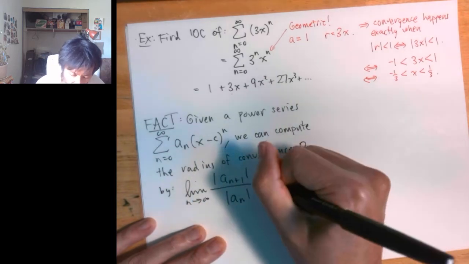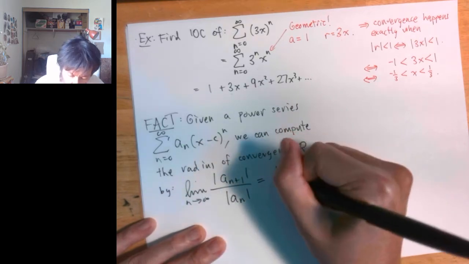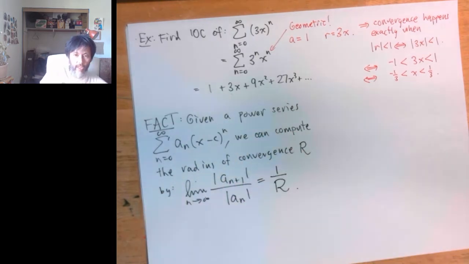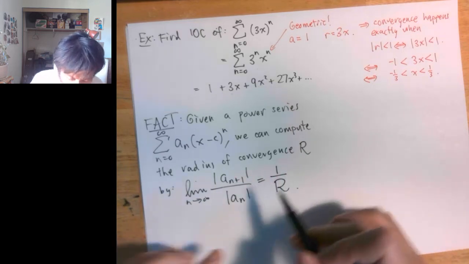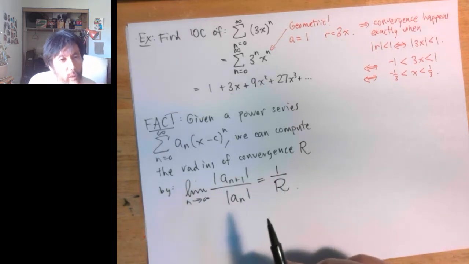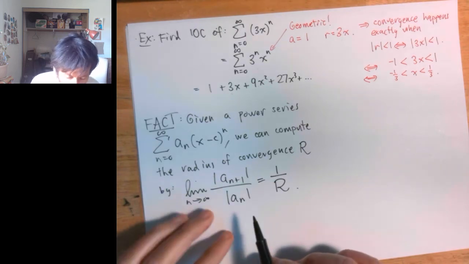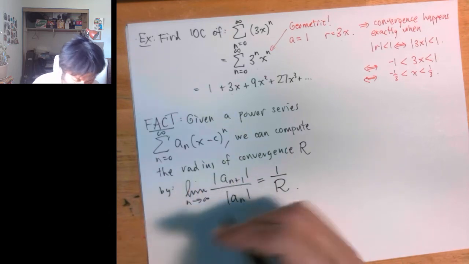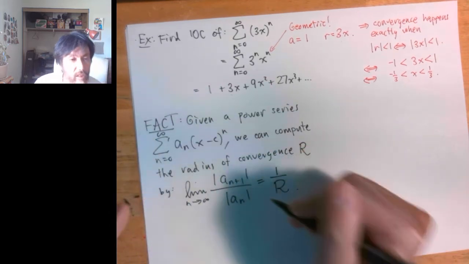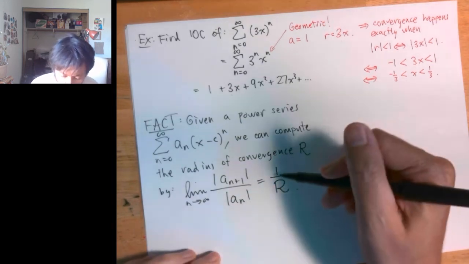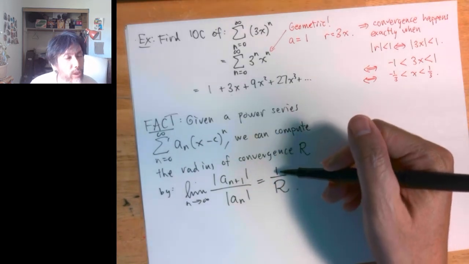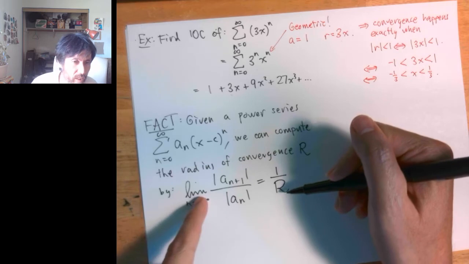And it turns out that this is equal to 1 over big R. Now, this is a little bit strange, because sometimes you're going to find that this quantity right here is 0 or infinity, and then how do you interpret 1 over R being equal to either 0 or infinity?